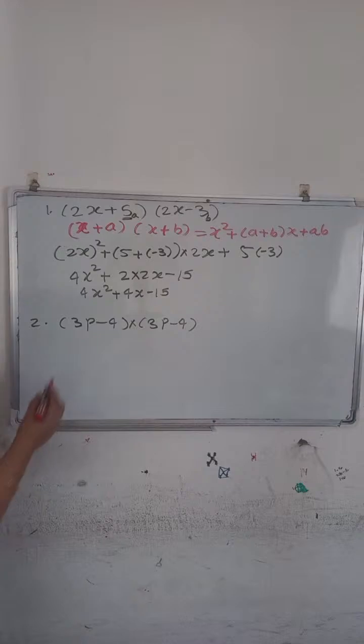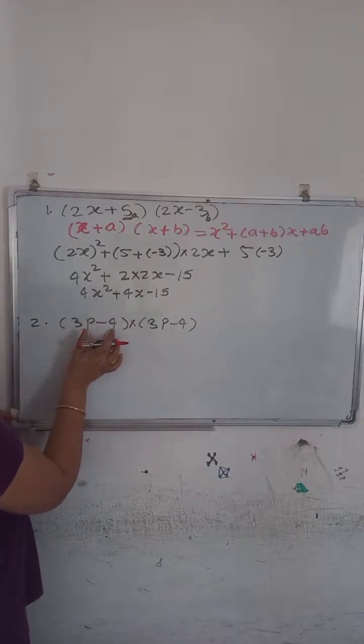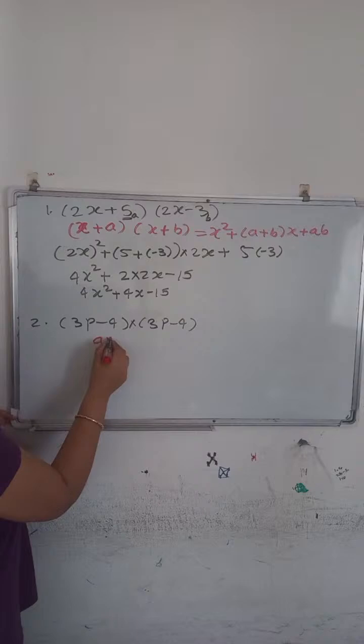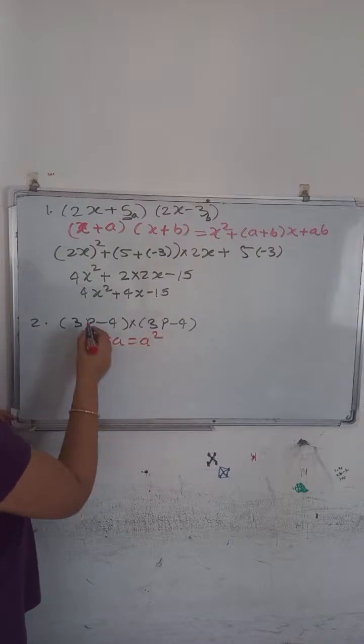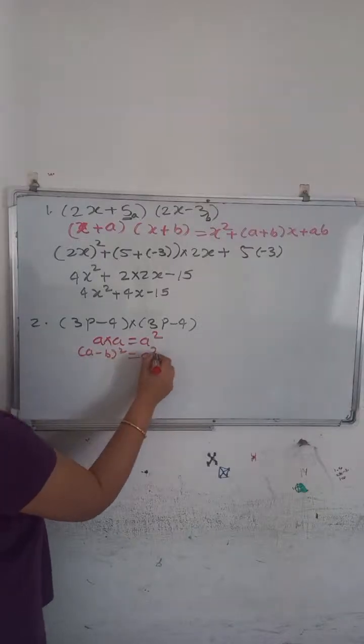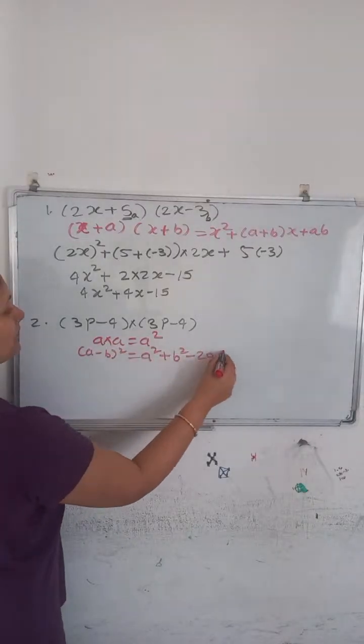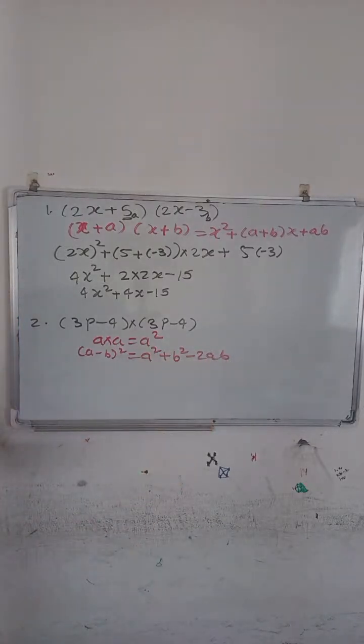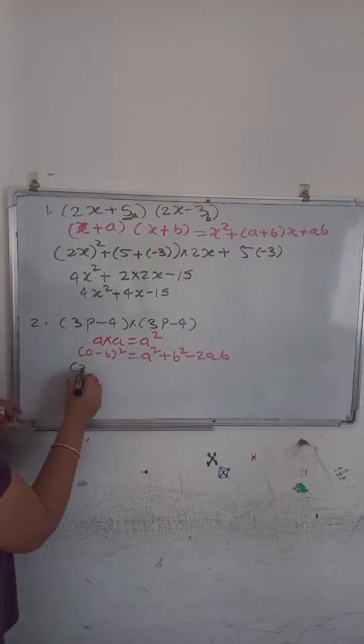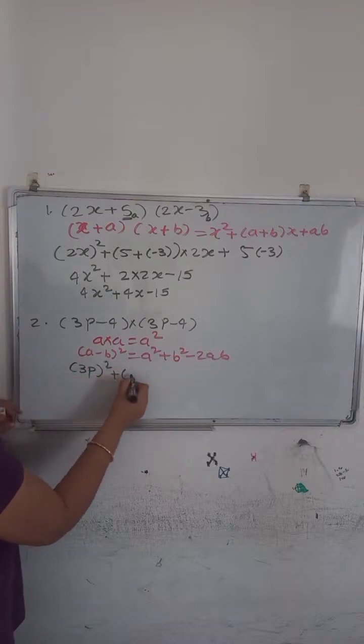Now this one is very simple: the same 3p minus 4, 3p minus 4. A into a is nothing but a square. But here it is a minus b, a minus b. A minus b whole square is a square plus b square minus 2ab. We can use this formula because the middle sign is negative. So it is the expansion of a minus b whole bracket square. This is the second identity from our textbook. So a square is 3p whole square, plus 4 square.